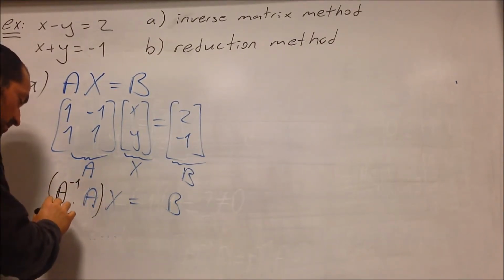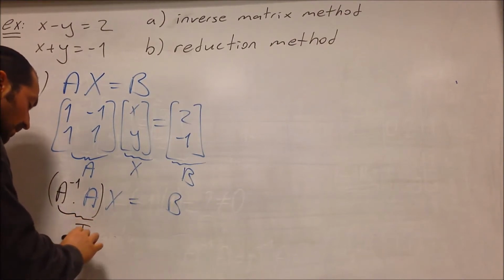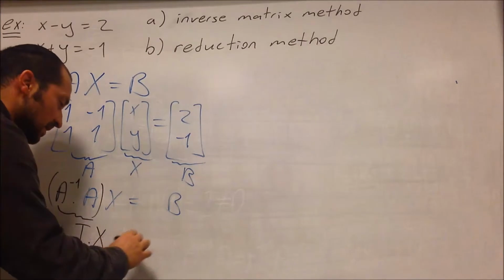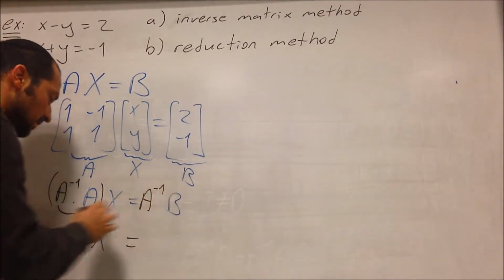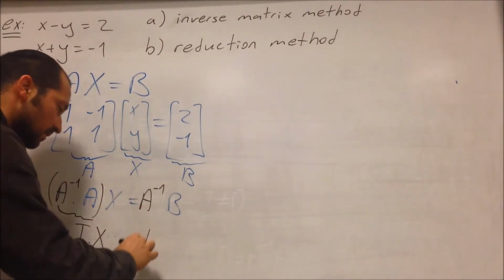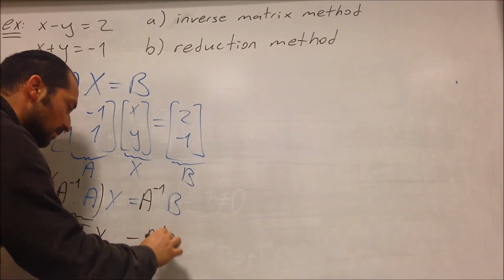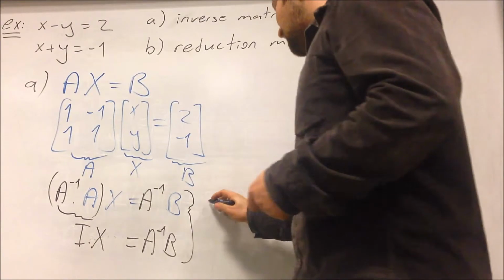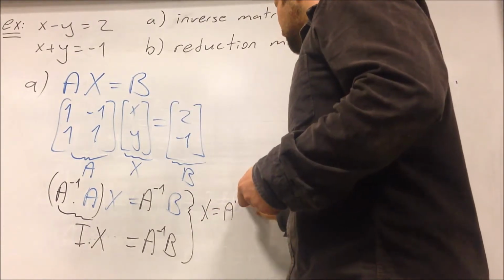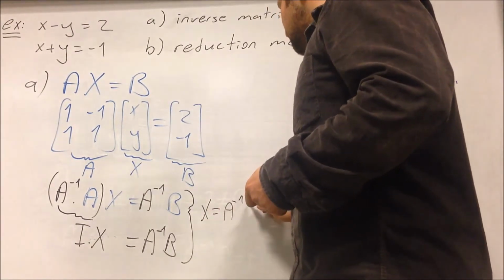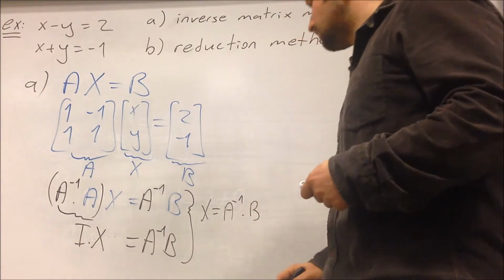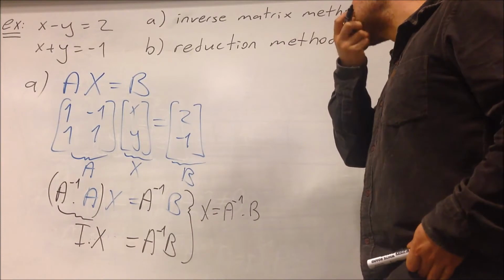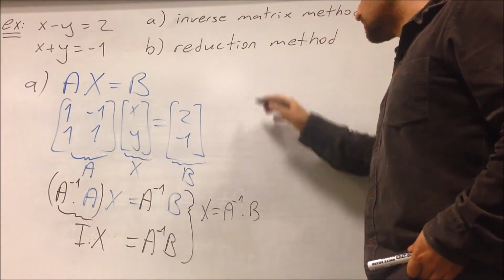Indeed, these cancel each other so that you have identity times X, which is X itself, and on the right hand side, when you do the multiplication, you get A inverse B. So you obtain the result as X equals A inverse B once you have A inverse in your hand. This is actually how the inverse matrix method works.